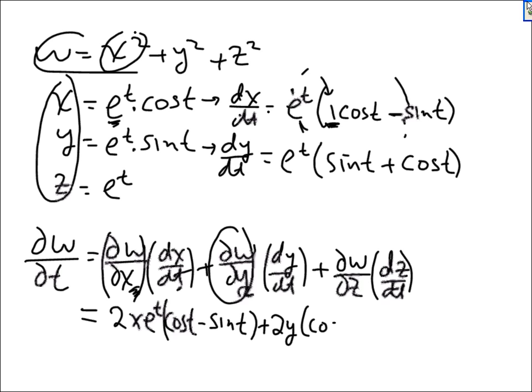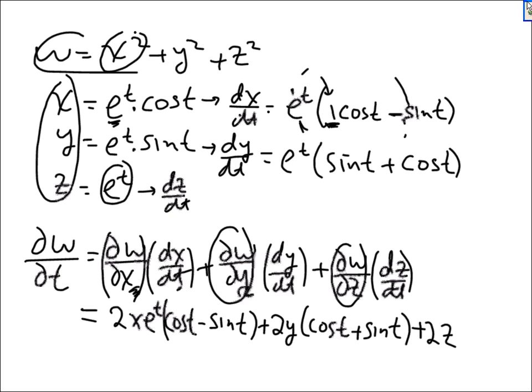So it is, well, I meant to write sine t, but I'll get away with that. Plus partial w with respect to z, that's 2z. And the derivative of z with respect to t is just e to the t.